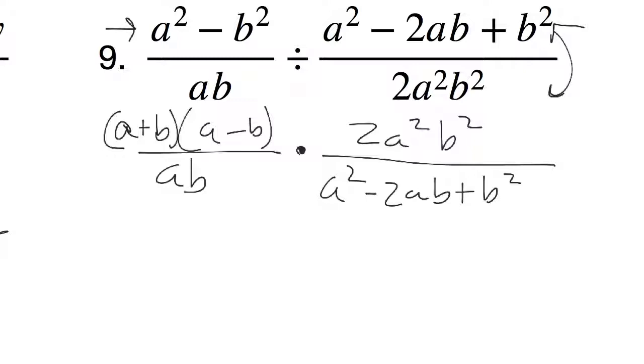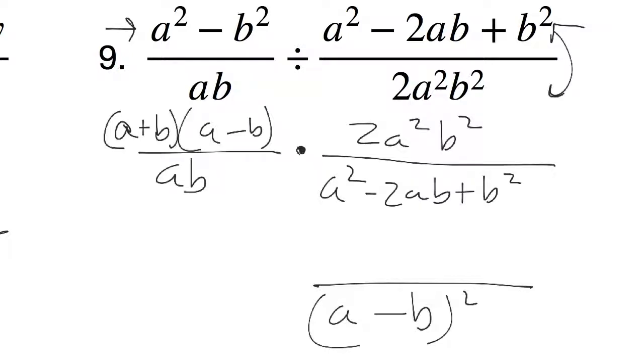Factoring this denominator, you get, that's actually a formula, (a - b) squared, and canceling an a and a b, you're left with just one a and one b.